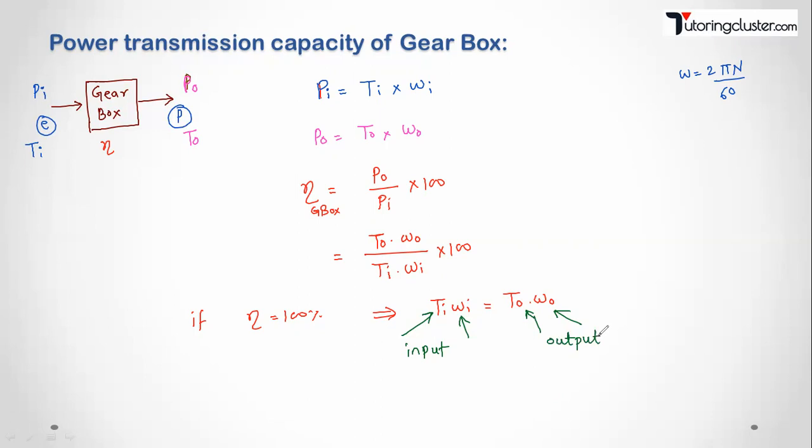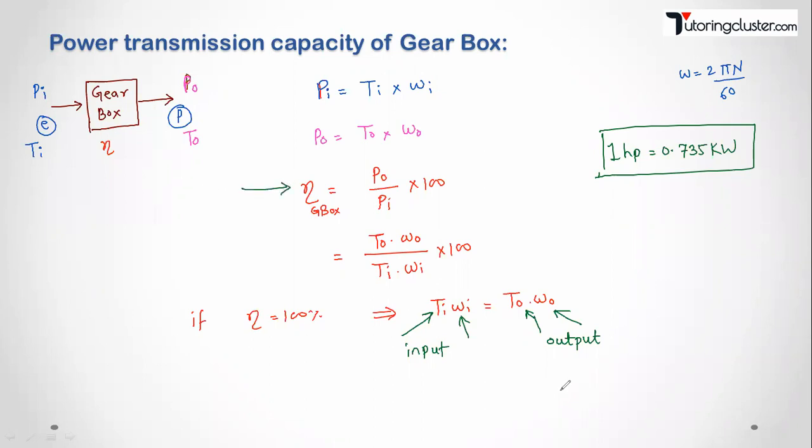So this is a simple mathematical calculation for power transmission capacity of gearbox and how to calculate the efficiency. Obviously, you are going to have numericals based on this, and you have to remember 1 HP is equal to 0.735 kilowatt. Please remember this relation, it is going to be useful for you. I hope you have now understood power transmission capacity of gearbox and how to calculate the efficiency.